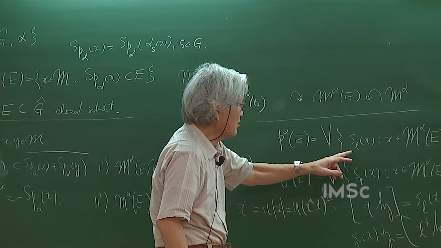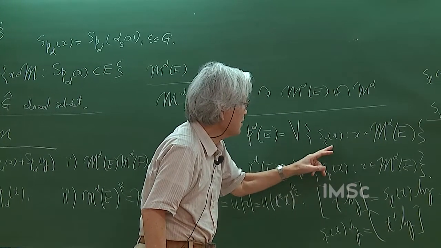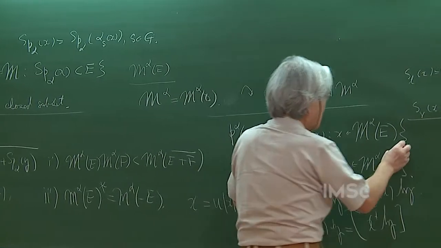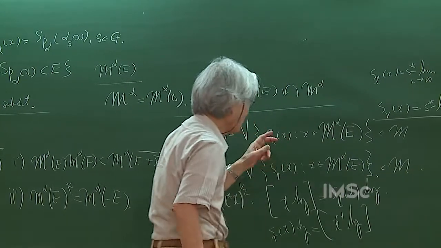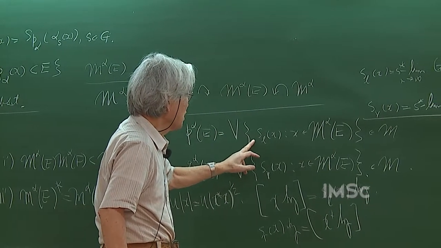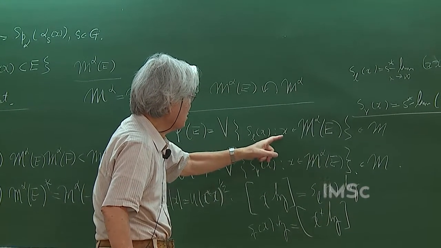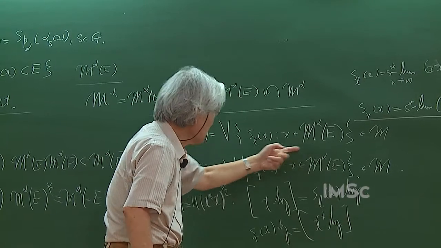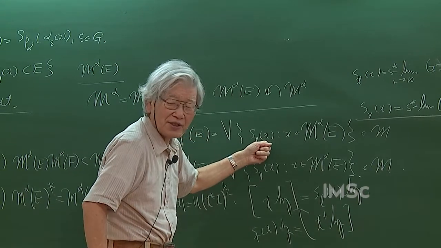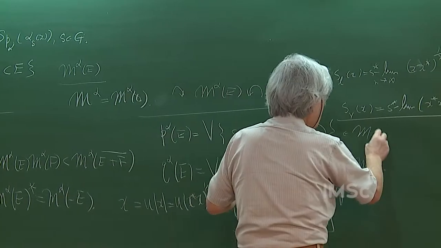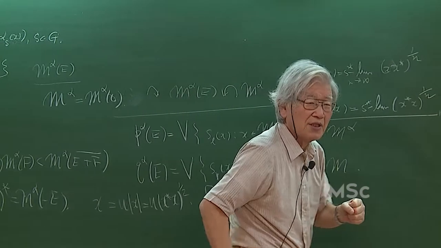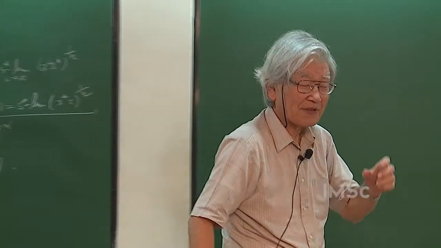This one is a projection in M, and this is a projection in M. Since we took all of them, this is invariant under alpha. So this belongs to the fixed point algebra.